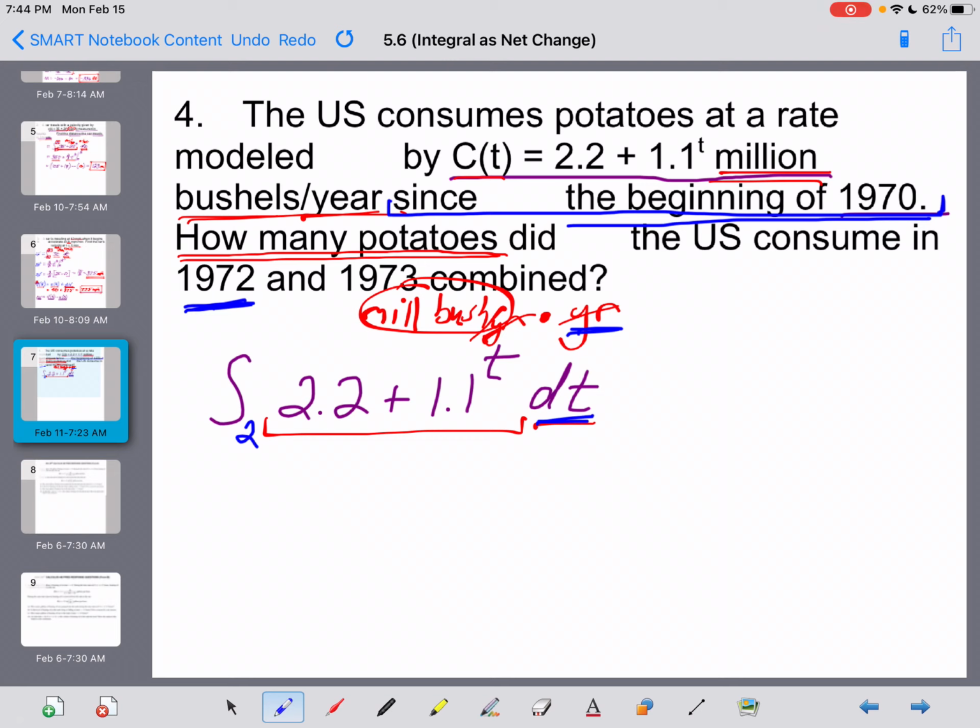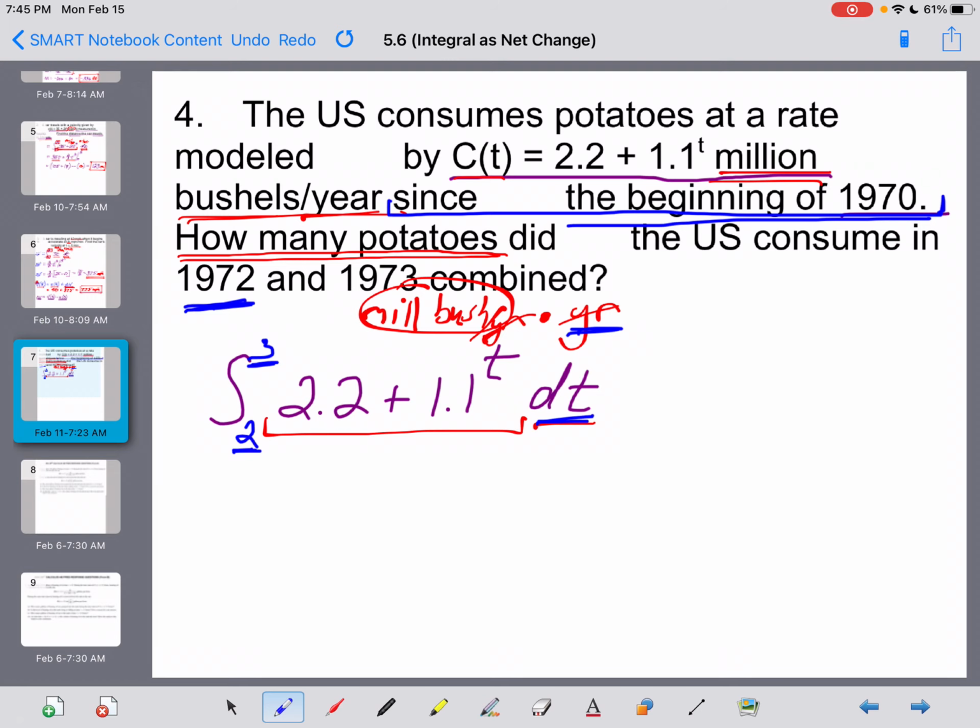But now this next one is the second tricky part that people goof up a lot. A lot of people look at this and say, okay, we're going from 72 to 73, so I'll just put a 3 up there. Well, here's the problem. If I do it this way, I start measuring consumption on January 1, 1972, and I end measuring consumption on January 1, 1973. So to do that would not include any of the potatoes that were consumed during the year 1973.